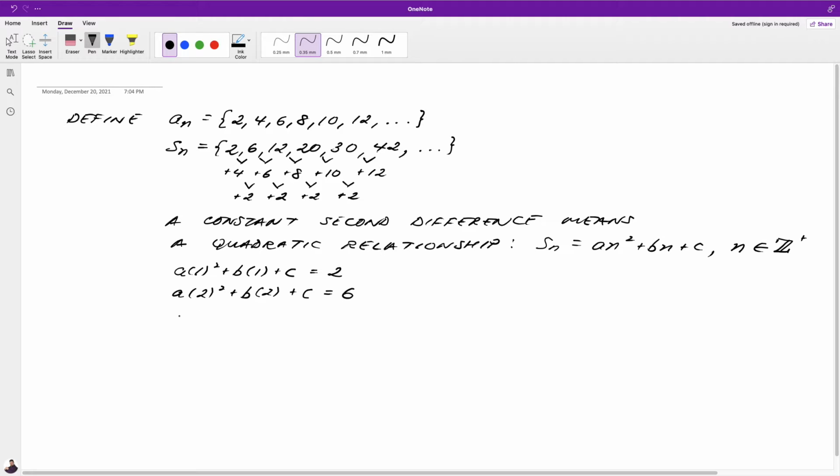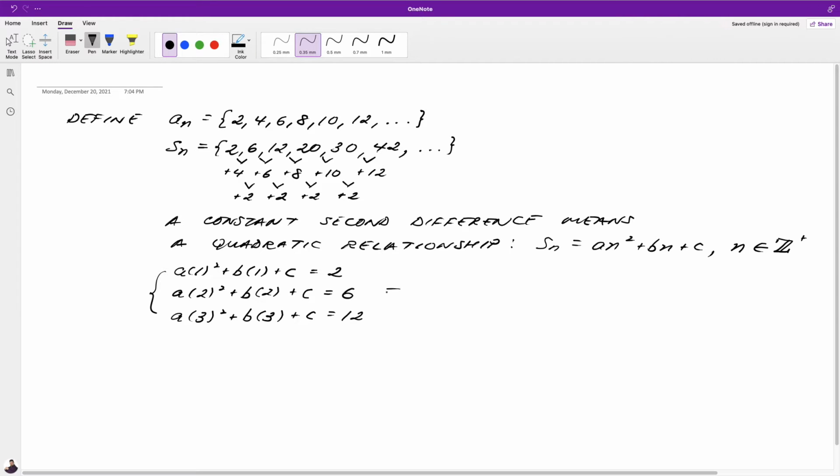And moreover, a times 3 squared plus b times 3 plus c is equal to 12, since 12 is the third partial sum. So I have this nice system. I don't need any other inputs and outputs, given that I have only 3 unknowns to solve for: a, b, and c.